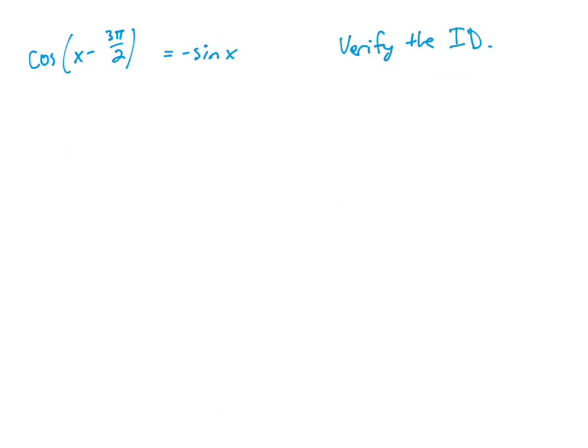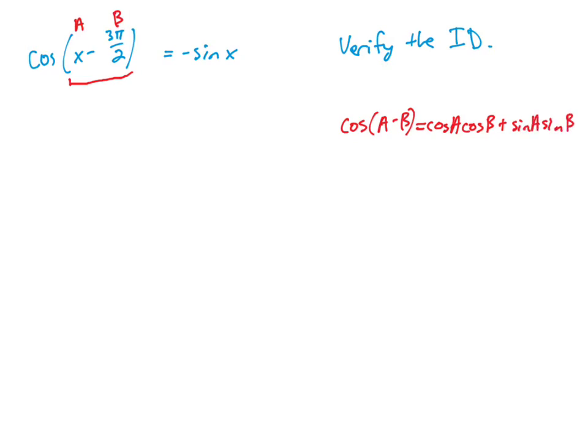Okay, in this example we want to verify this trig identity. So what we notice is that this right here is a difference. So we'll use the difference formula for cosine, letting A be x and B be 3 pi over 2. So recalling what the difference formula for cosine is, cosine of A minus B is going to be cosine of the first, cosine of the second, plus sine of the first times sine of the second.